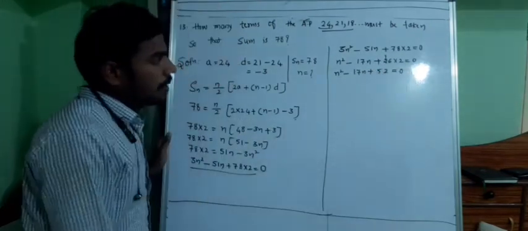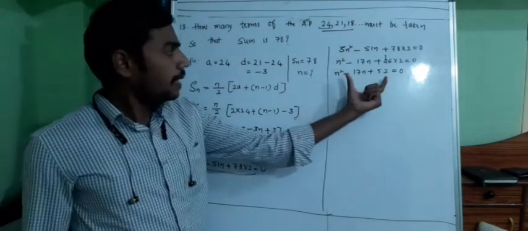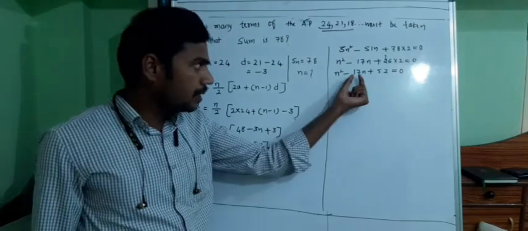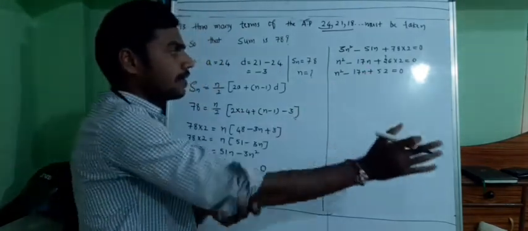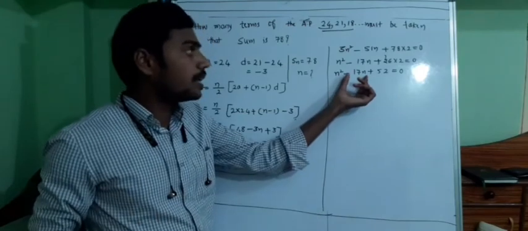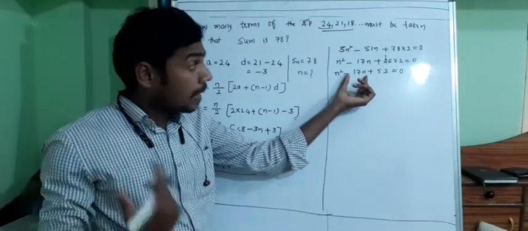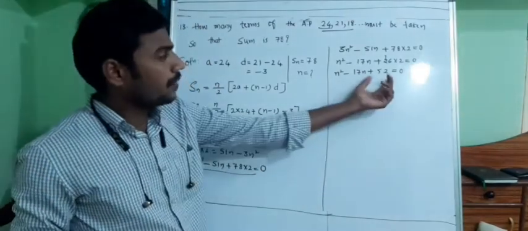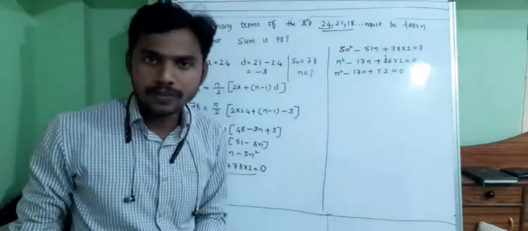Now I need to write 2 terms in such a way that I should split the 17n so that when I add or subtract, I should get minus 17, and when I multiply, I should get 52. So 52, 13 fours are 52.